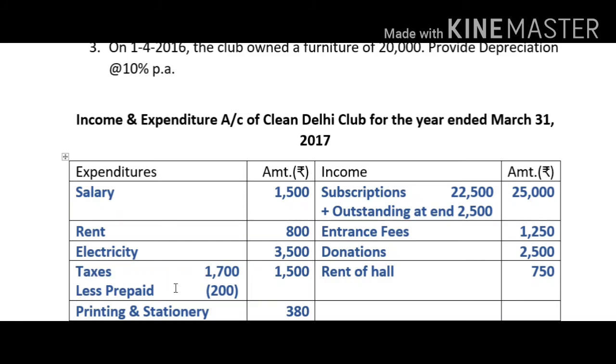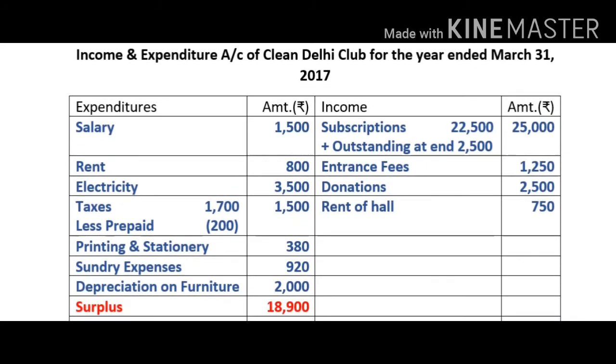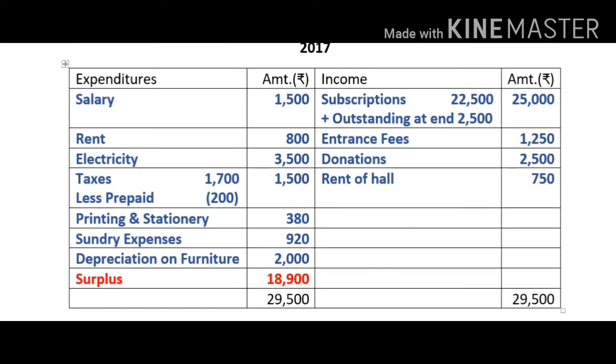Out of this, 200 belongs to next year. That means 200 doesn't belong to the current year, so this will be deducted. Then we have shown the depreciation on furniture, rupees 2,000. Then again you will compare both the sides and the difference will be surplus or deficit. Like in this question, income is more, so the difference is surplus.